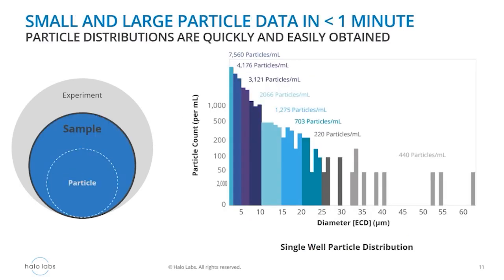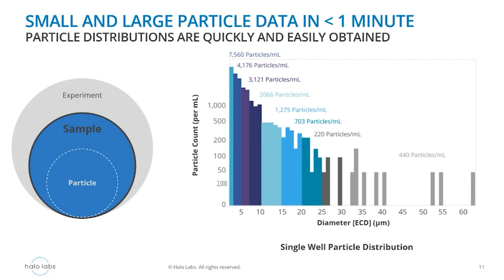So now that we've gained some morphological information about the particles that are in our sample, let's broaden our scope just a bit to understand our sample as a whole. So here we have a particle size distribution showing us how many smaller particles we have, as well as how many larger particles we have.